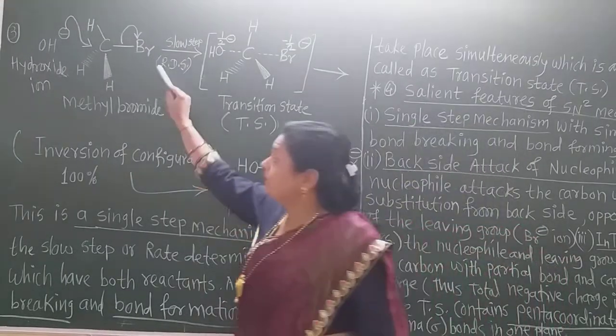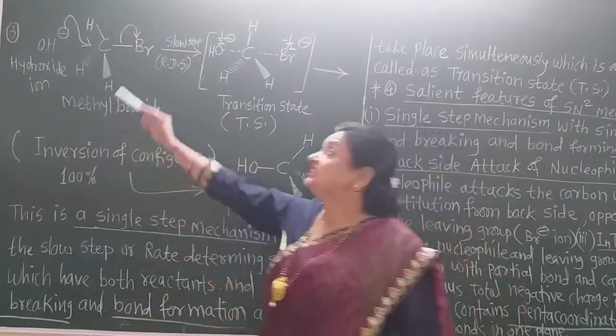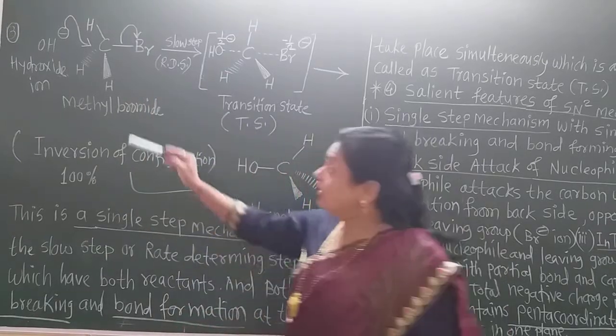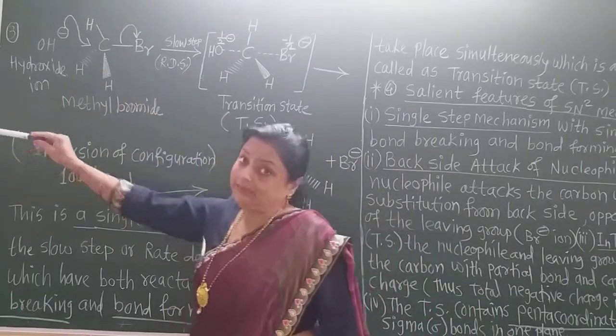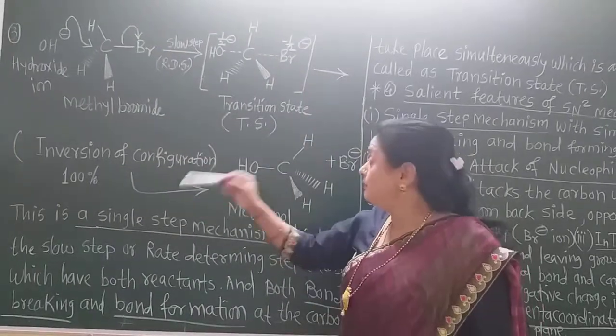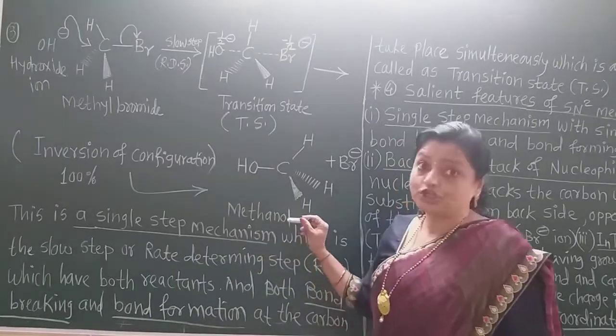This molecule, methyl bromide, has such a configuration in which the bromide ion is on the right hand side and all 3 hydrogens are on the left hand side. And when the reaction commences, after the reaction there is 100% inversion of configuration.